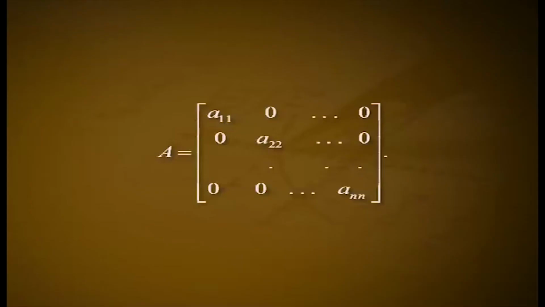In that case, A is the matrix given by A11, 0, etc. 0, 0, A22, etc. 0, etc. 0, 0, etc. Ann. The above matrix is also denoted by diag A11, A22, etc. Ann. Scalar matrix. A diagonal matrix whose all diagonal elements are equal is called a scalar matrix.